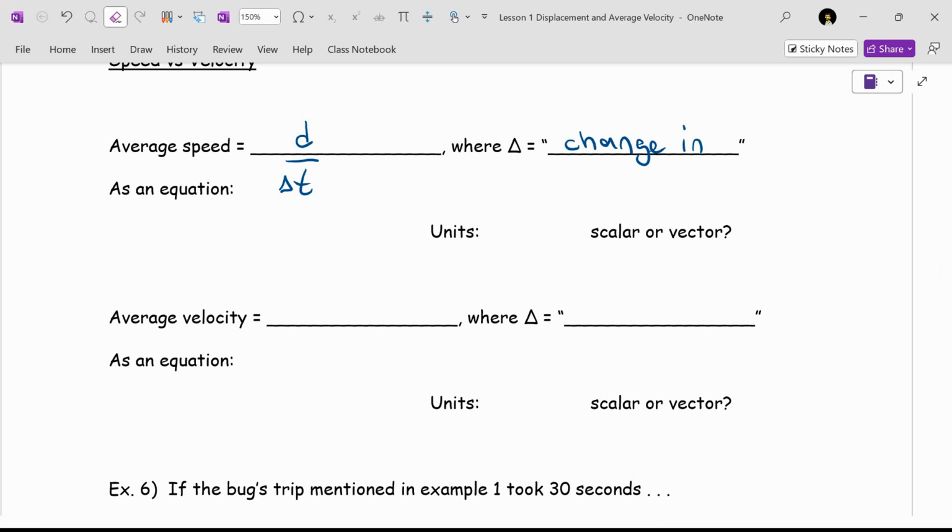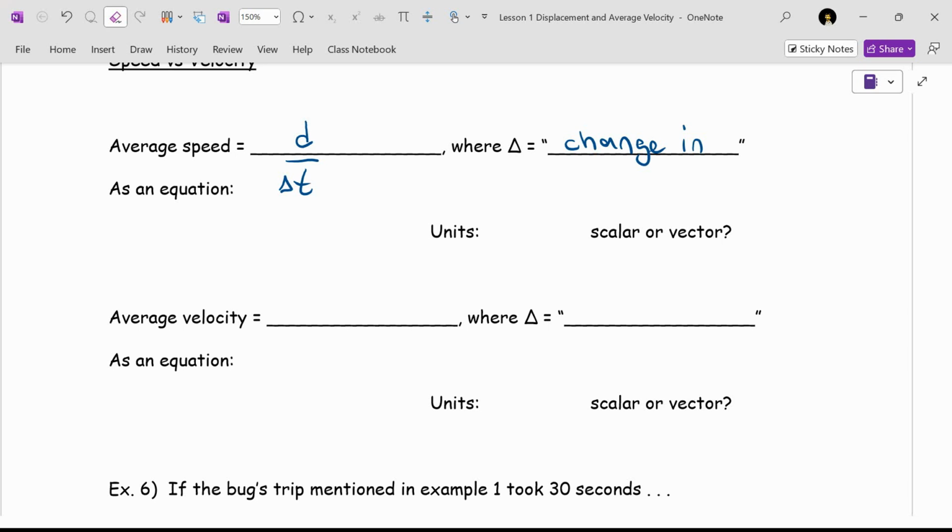The very first thing on your sheet should say something like delta equals change in. The mathematical version of change in anything is always the final value minus the initial value. And you'll probably end up memorizing that one out of laziness as the year progresses because we'll refer to it fairly often.